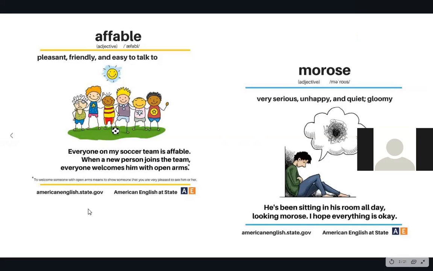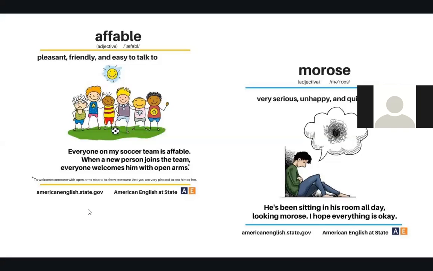Not because they're sad, pero it's just their personality. They're serious. Unhappy is subjective, pero these persons are quiet and they want to be alone. In a sentence: he's been sitting in his room all day, looking morose. I hope everything is okay. So the word is morose.